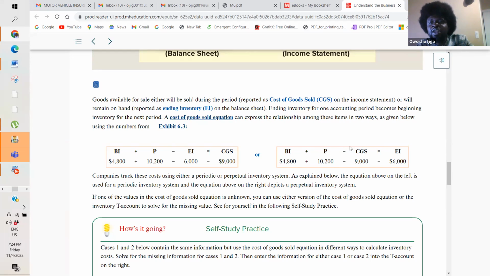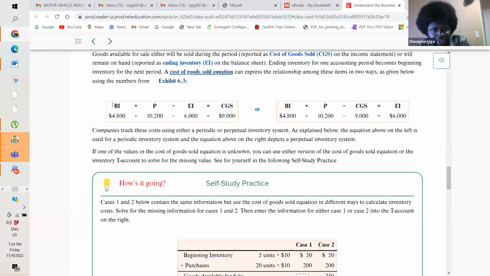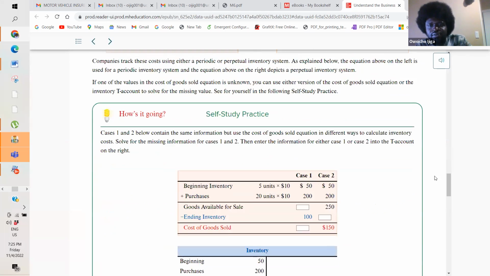So it gets the cost of goods sold and automatically gives you the ending inventory. It's a more efficient system. Take note of these two equations. They are very important to the problems that we'll be solving.